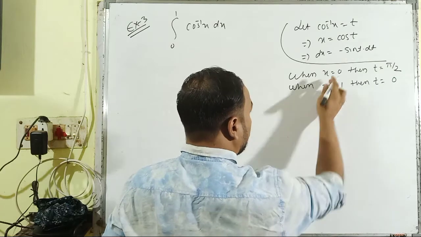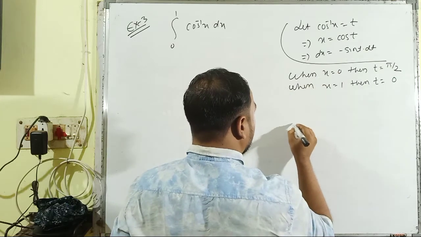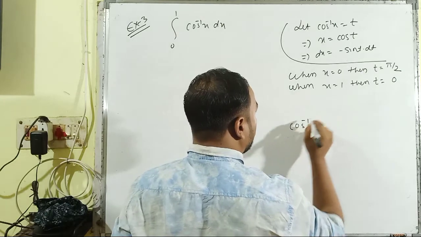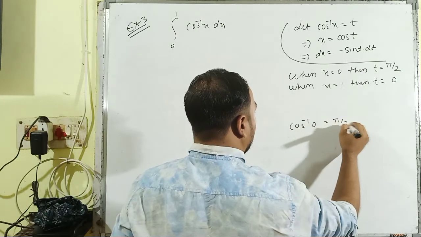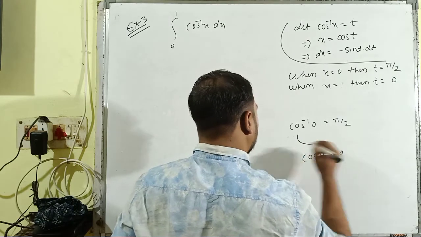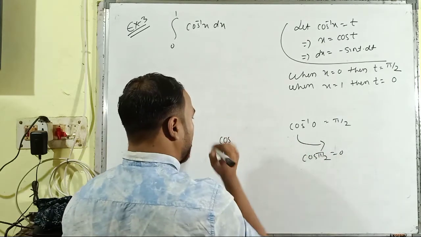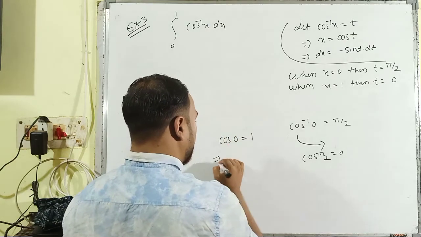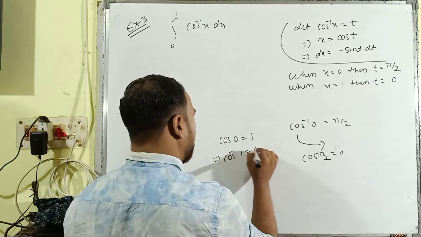Because if x is equal to 0, that means cos inverse 0, the value of cos inverse 0 is pi by 2, because we know that cos pi by 2 is equal to 0. Similarly, cos 0 is equal to 1, so cos inverse 1 is equal to 0.